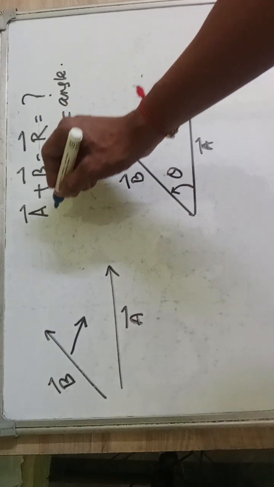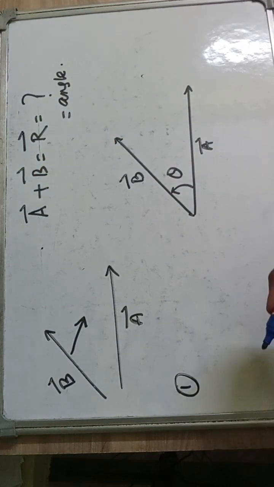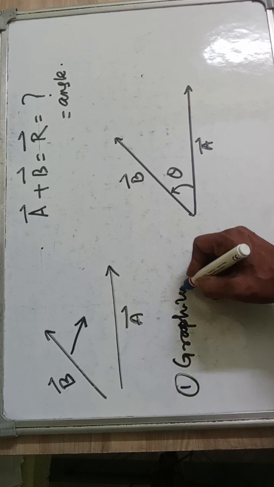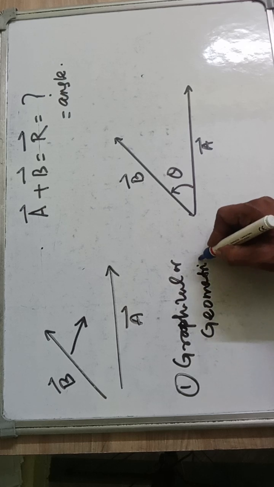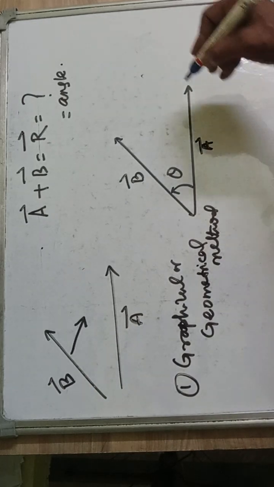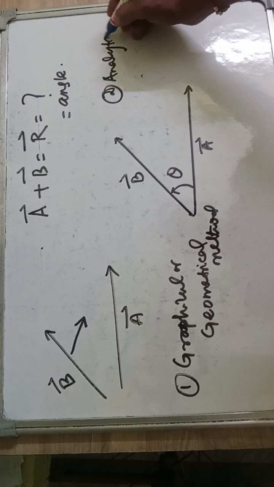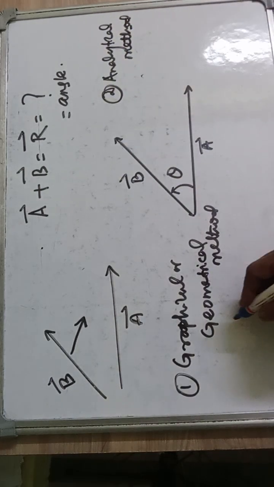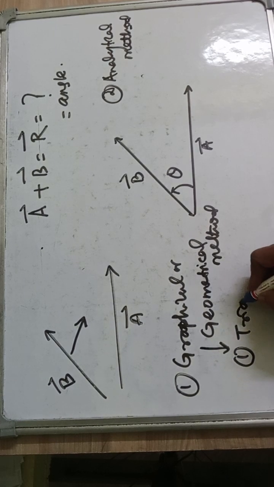To find this vector addition of two vectors, we can follow graphical or geometrical method. Second is analytical method. In geometrical graphical method, we have three methods. One is triangular method.